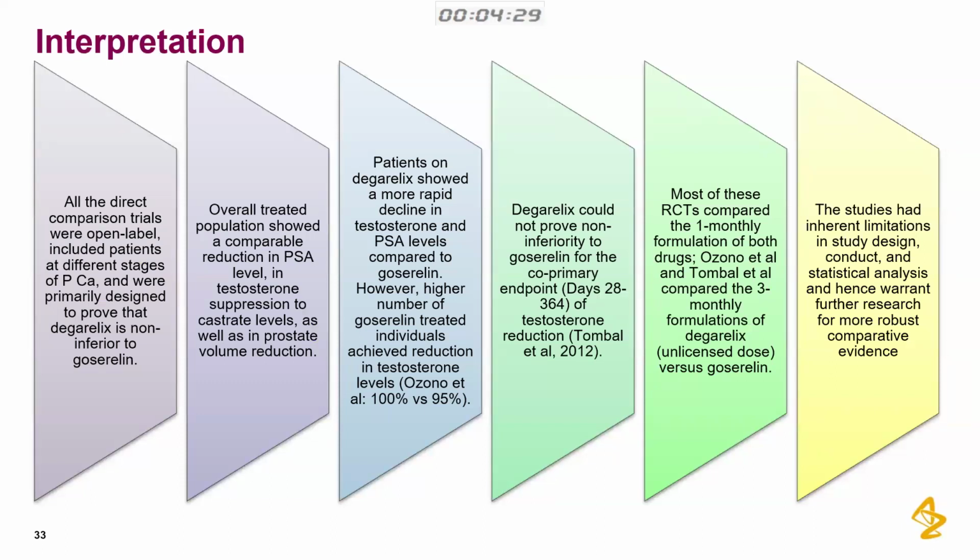And the patients on Degarelix, as expected, showed a more rapid decline in the testosterone and PSA levels. However, a higher number of gosling treated individuals achieved reduction in testosterone levels. And Degarelix could not prove non-inferiority to gosling for the co-primary endpoints. And most of these RCTs compared 1 monthly formulations of both drugs, compared to the 3 months formulation which is available with gosling.